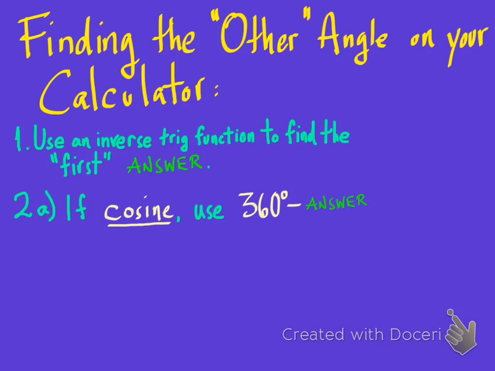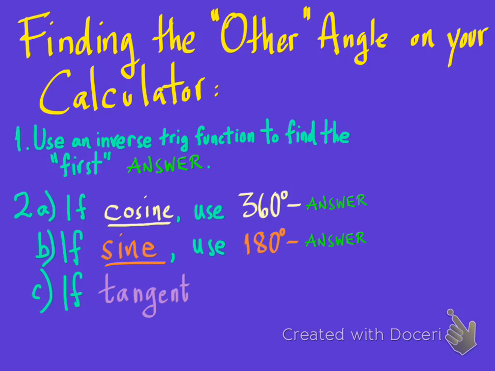However, if you were using a sine equation, use 180 degrees minus your answer. And finally, we didn't talk about this as an example, but if your equation is a tangent equation, use 180 degrees plus your answer. So that's it. This is a handy little summary of what you do to find the other angle on your calculator.